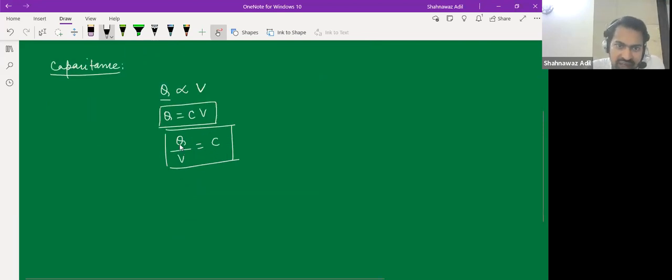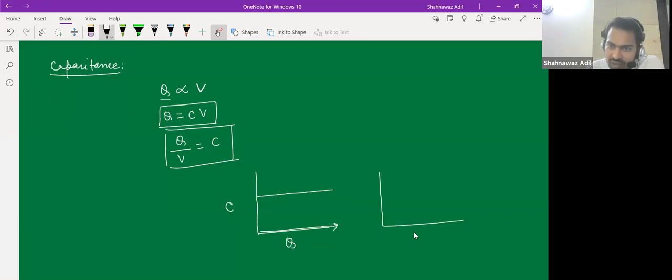It does not vary with the charge, and it does not vary with the potential. If we increase the charge, it will remain constant. Similarly, if we increase the voltage, it will also remain constant. So this is called the capacitance.